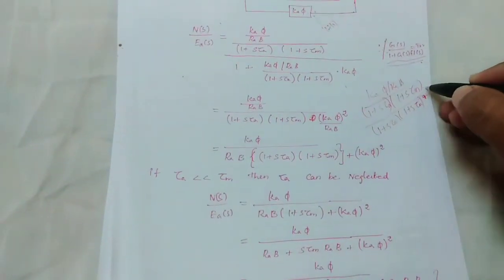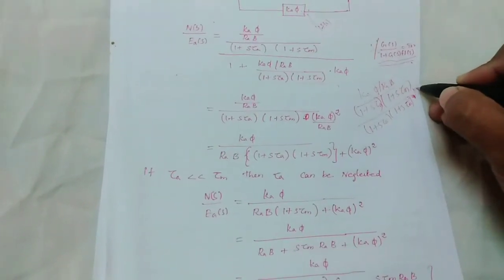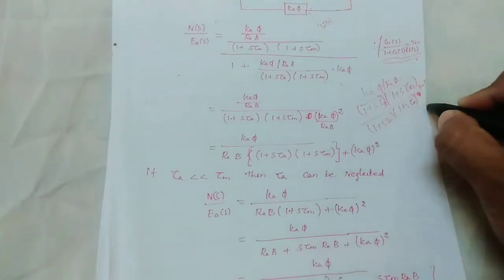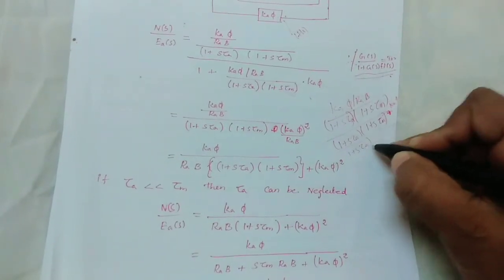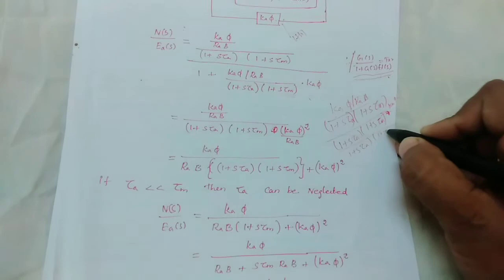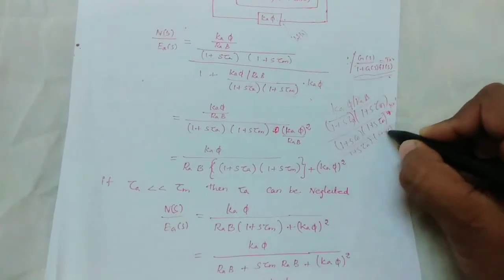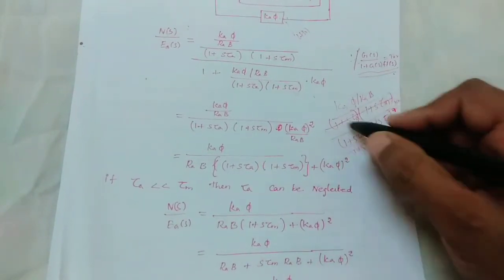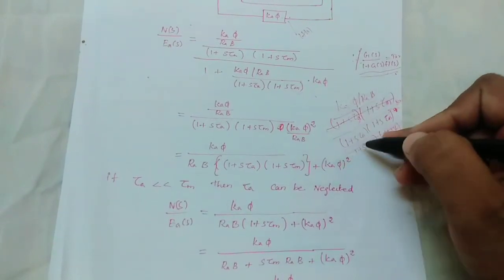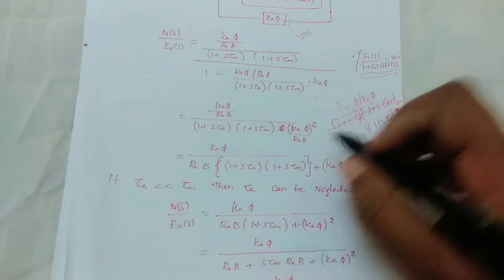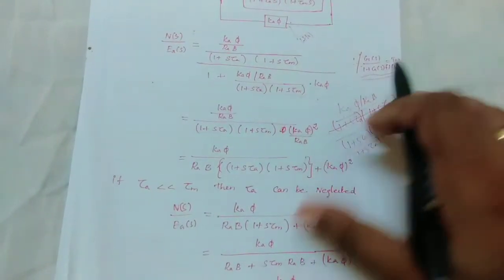into K a phi, the whole term divided by 1 plus s tau A into 1 plus s tau M. This term and this term both get cancelled. So the remaining term is K a phi, K a phi divided by 1 plus s tau A, 1 plus s tau M into K a phi the square.